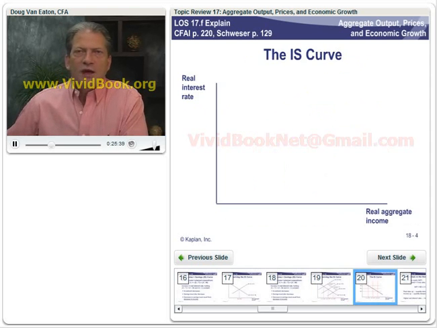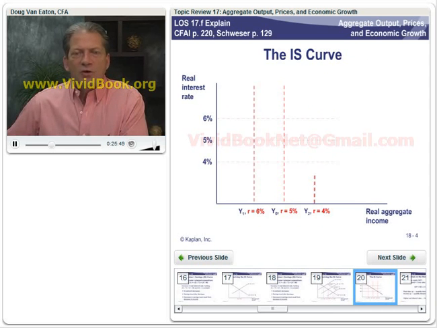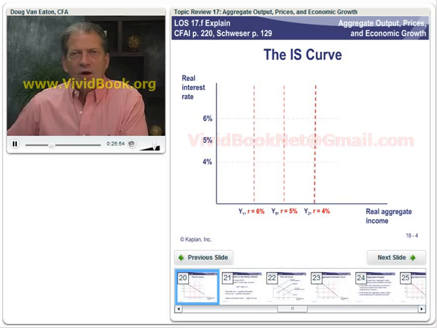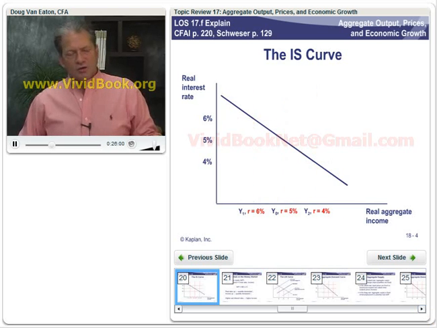And once we have that done, we come up with this IS curve. So we plot those real interest rates on the y-axis. We plot the corresponding levels of aggregate income on the x-axis, get our points, hook them together, and that's our IS curve or line.